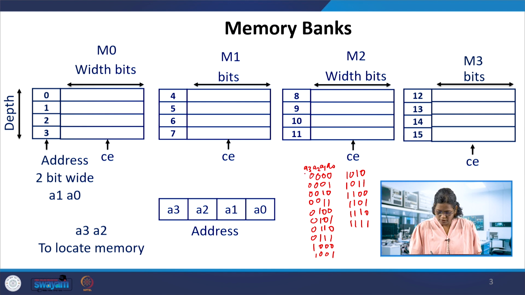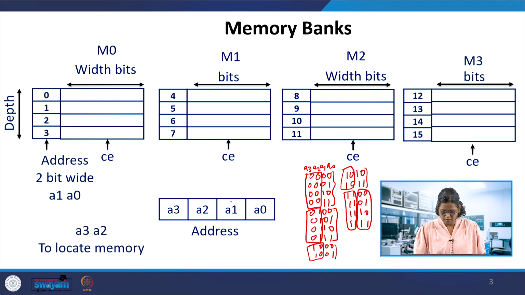For A2 and A3 of 0, you have the set of A0 and A1 as 0 0, 0 1, 1 0, 1 1. Again, you can see another set for A2, A3 of 0 1. Similarly, the other set is 0 0, 0 1, 1 0, 1 1 for A2 and A3 as 1 0, and similarly this is 1 1.